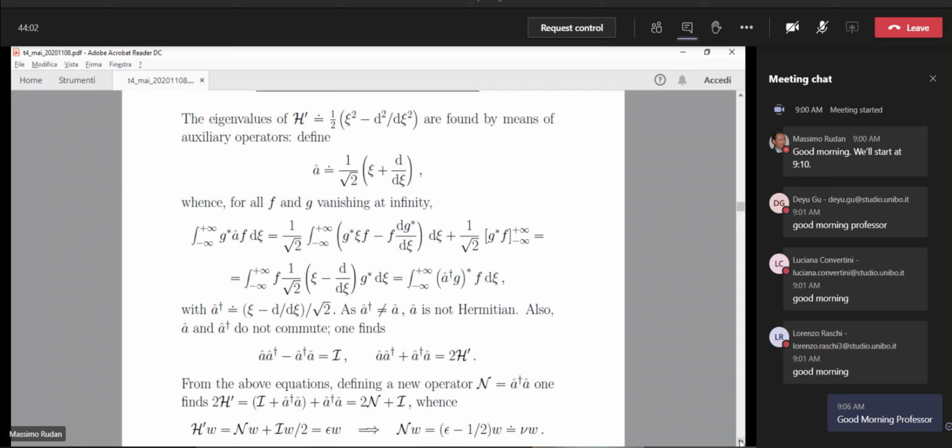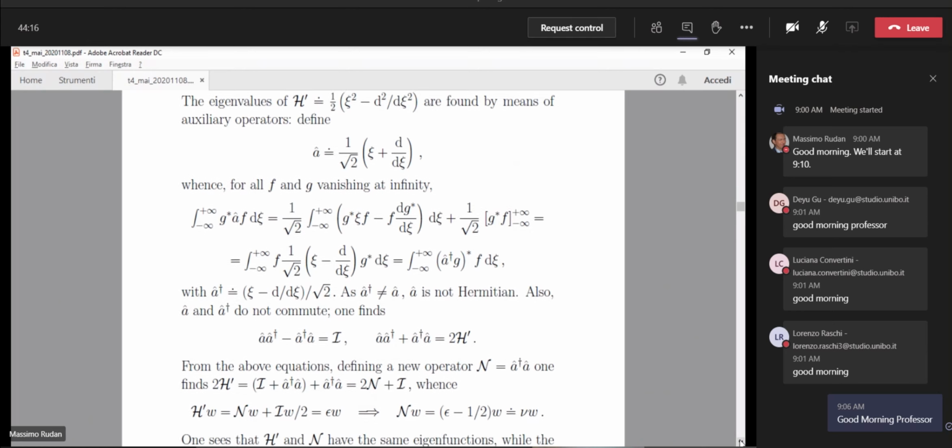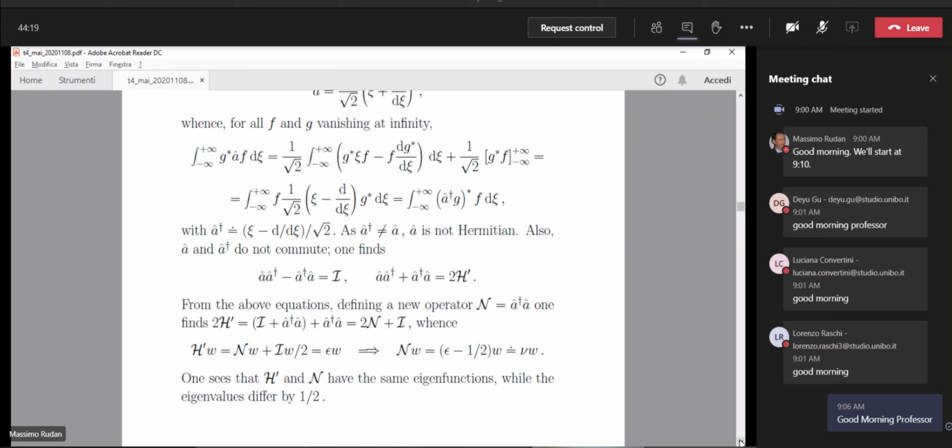And if you combine the two expressions that are in the middle of the line and introduce the definition of the number operator, you find that the Hamiltonian prime applied to W is equal to the number operator applied to W plus the identity applied to W divided by 2.